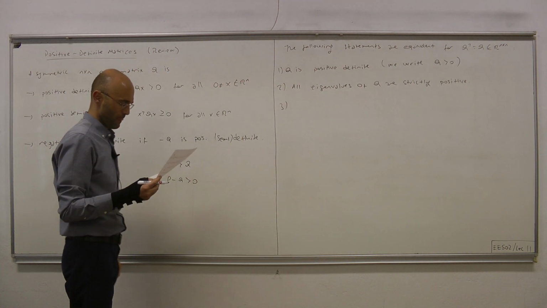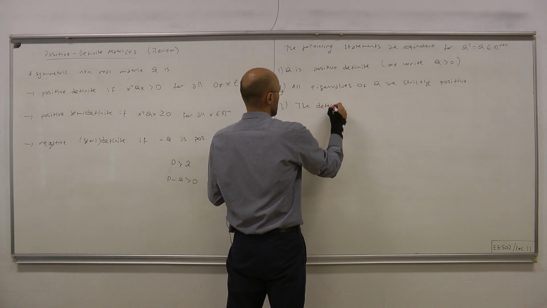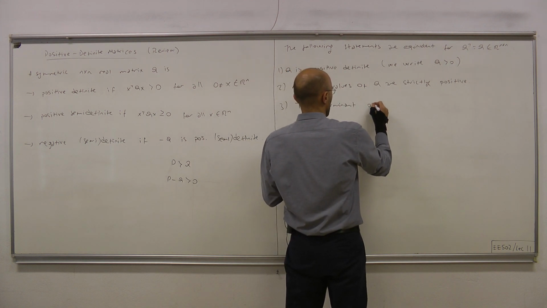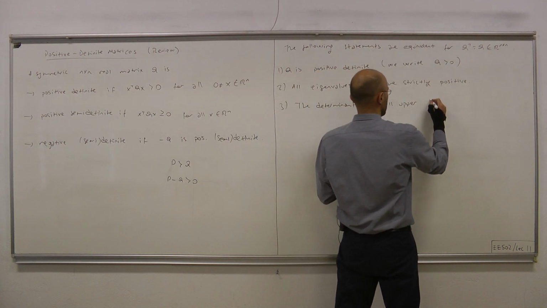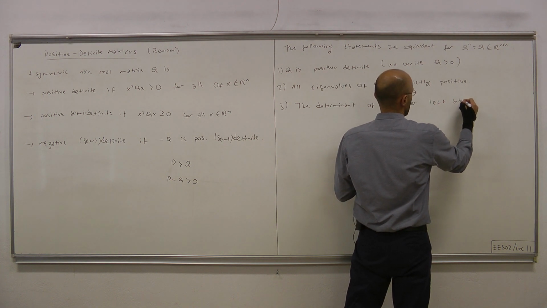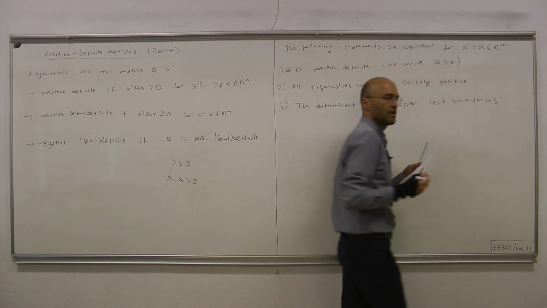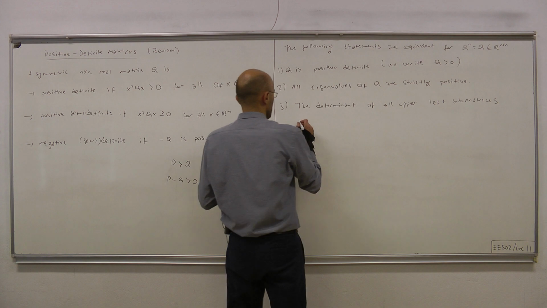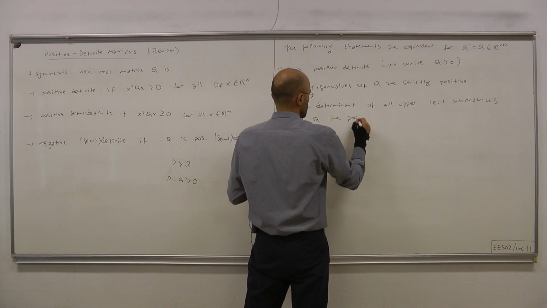Three, the determinants of all upper left submatrices, sometimes called leading principal minors of Q, are positive.